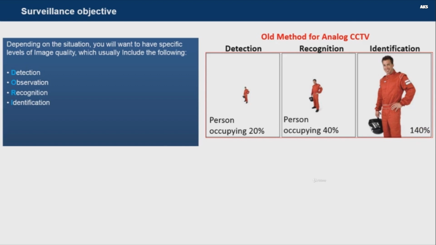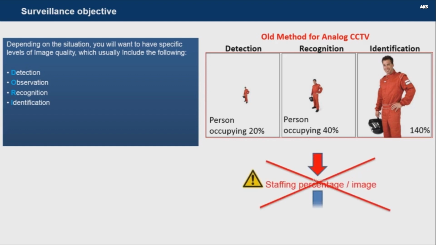That's the old way for analog cameras, but network video cameras today offer a much wider range of resolution, and using the percentages from the analog world is no longer practical. Instead, we now use pixels when specifying resolution requirements, and that's what we call DORI.